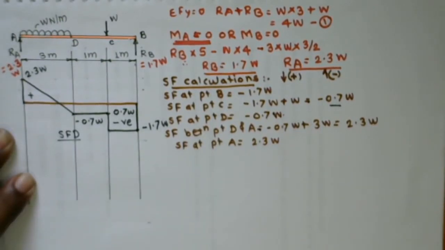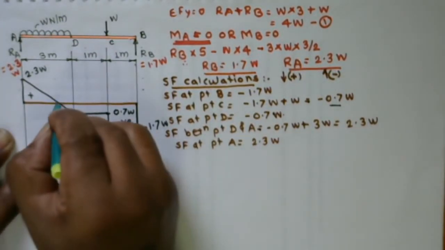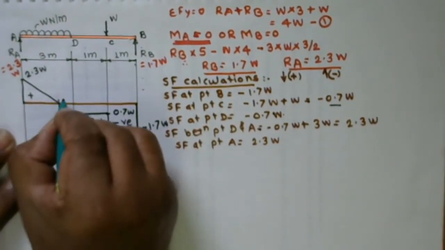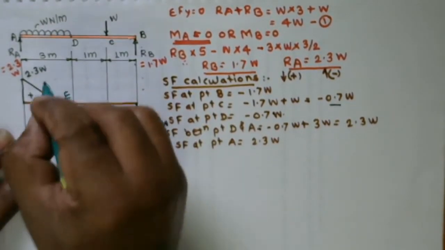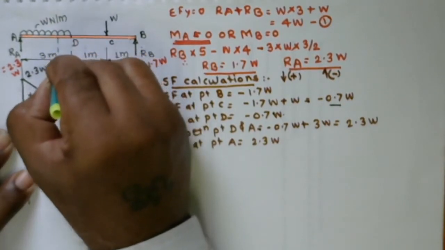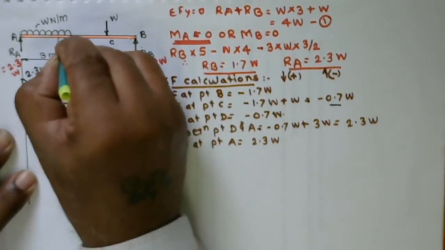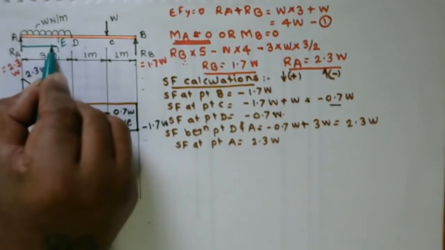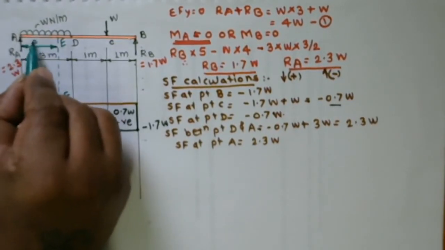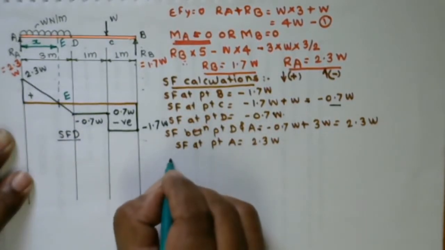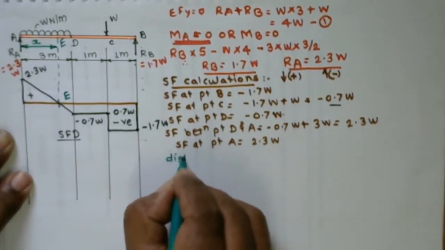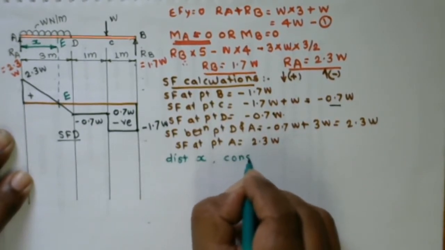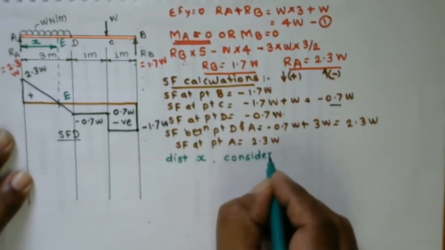In this numerical, again shear force diagram changes its sign convention at point E. So we have to calculate its distance x. Here I am considering this x distance from the left hand side. So to find the distance x, we have to consider the span EE only.